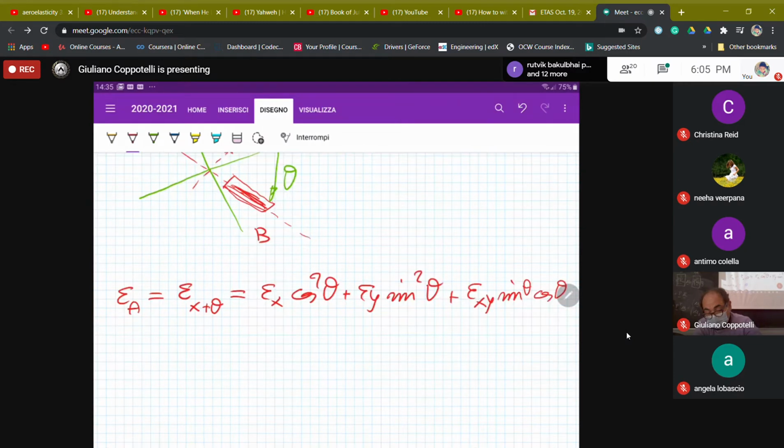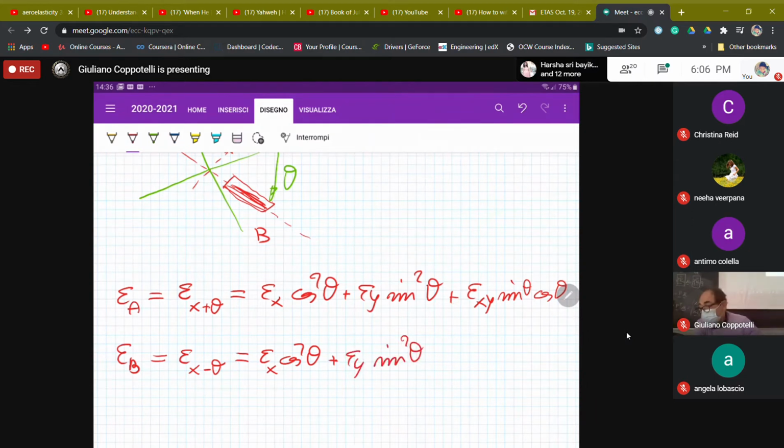We can rewrite the same thing for strain gauge B. Epsilon B is at x negative theta, and so epsilon x cosine square theta plus epsilon y sine square theta, and then negative epsilon xy sine theta cosine theta.